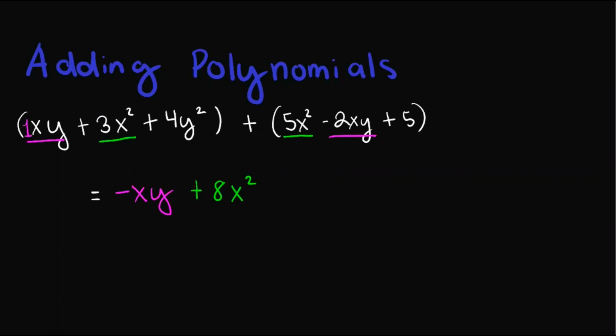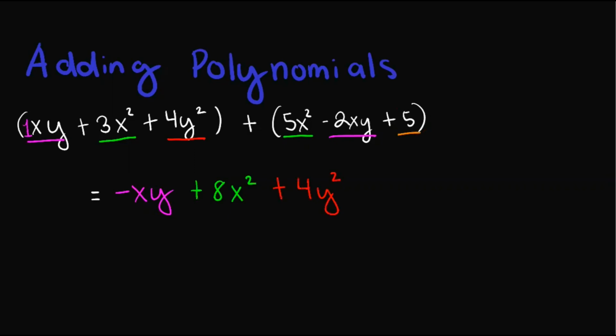Next, we have 4y squared. On the next polynomial, does it have a like term? Well, not really, since the only term left is 5 and it doesn't have a y squared. So what we do is we simply copy it out here. And lastly, we have 5.